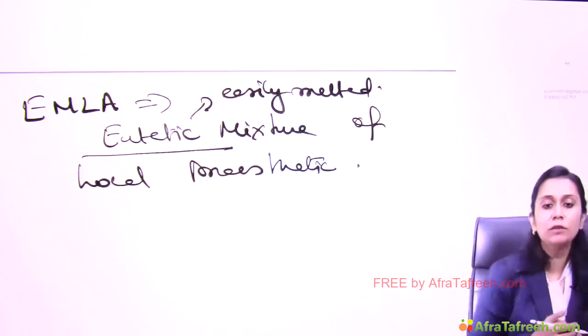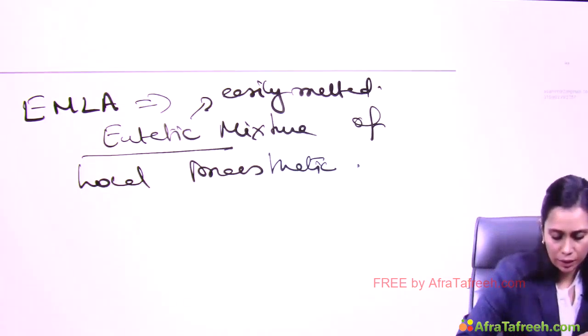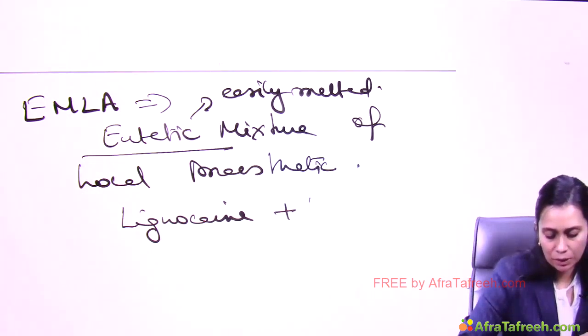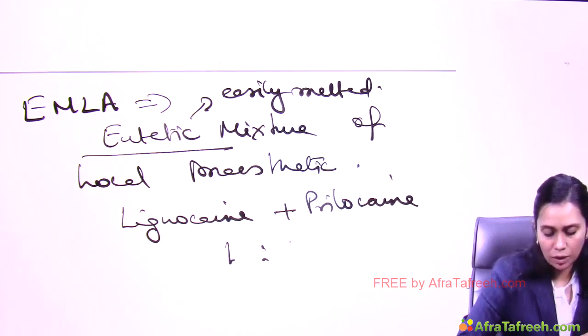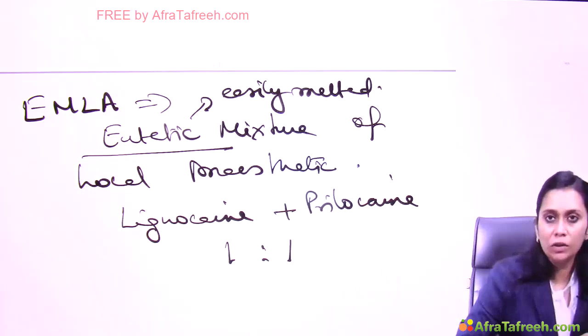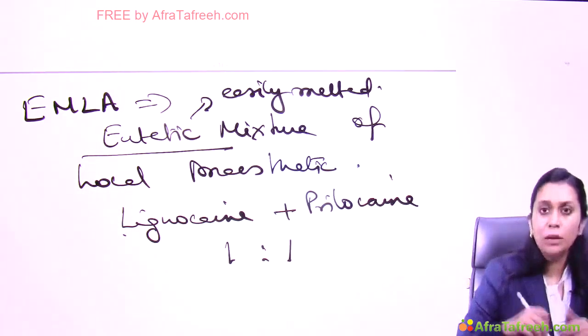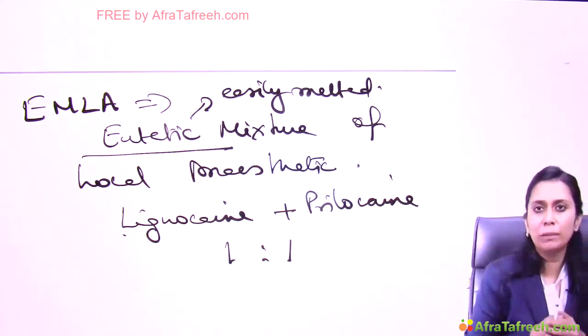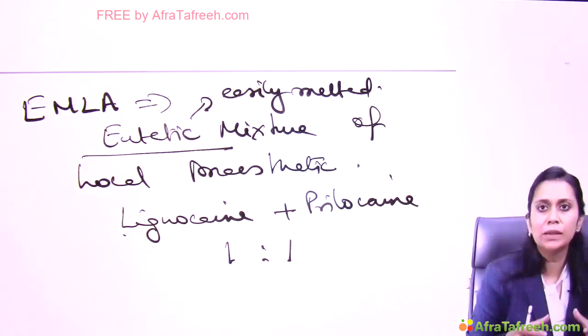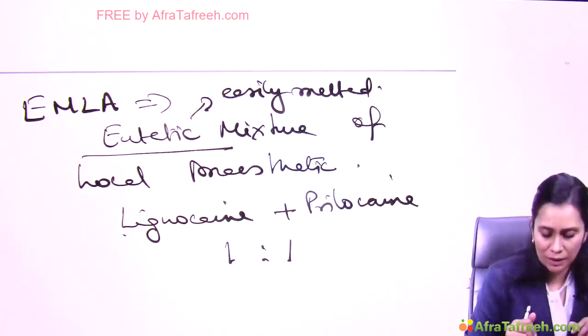It is a mixture of two local anesthetics, lignocaine plus prilocaine in 1:1 ratio. The melting point of ligno and prilo individually is more than the melting point of EMLA. So when we mix them, the melting point reduces. So it's an easily melted local anesthetic.